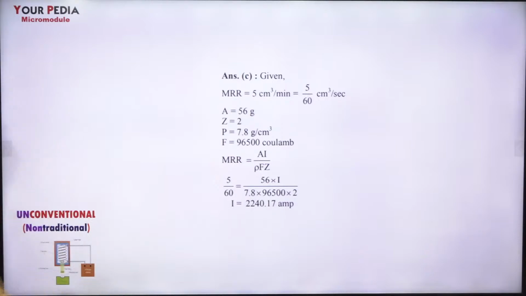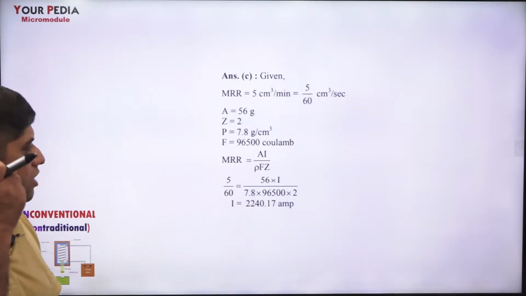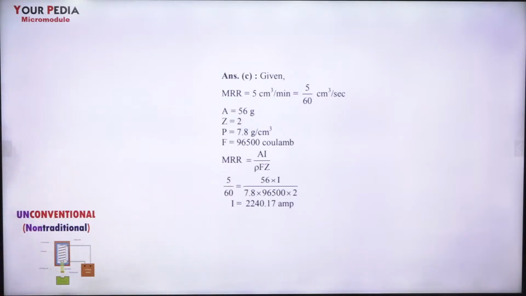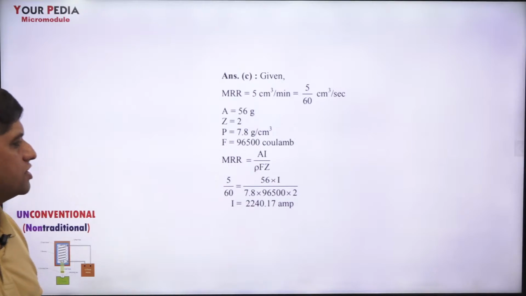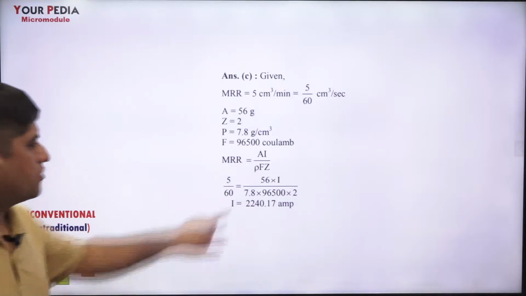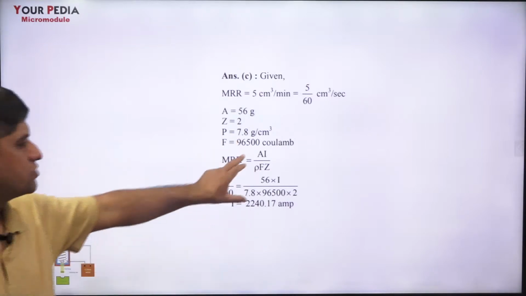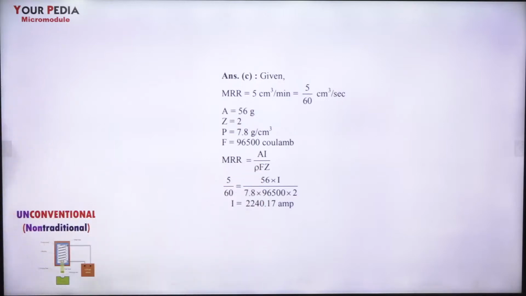A is the atomic weight of the material, 56. Z is the valency, that is 2 in this case. Rho is the density, F is Faraday's constant, 96500, and I is the current. So this formula, material removal rate = AI/(rho FZ), you should remember in electrochemical machining.